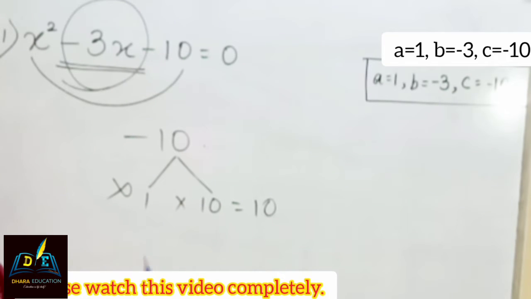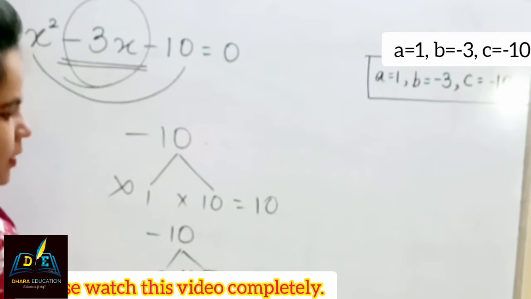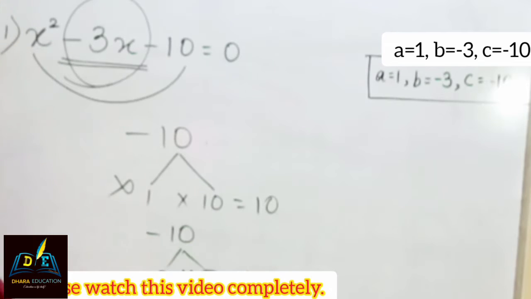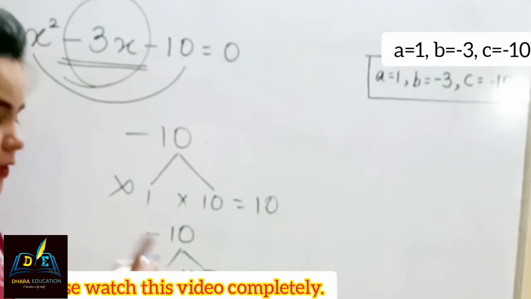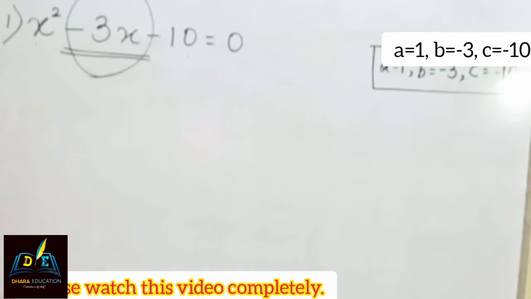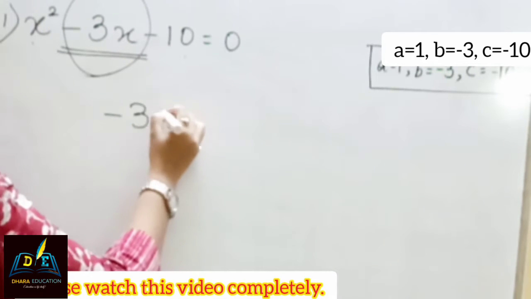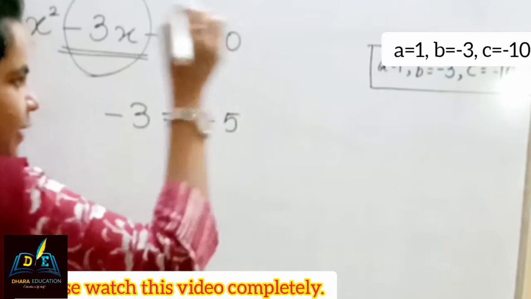On the other hand, if we are talking about minus 10 in two ways, that is 2 multiplied by 5, which will give 10. It is possible. There is a possibility, and the middle term will come when we subtract, like 2 minus 5 gives you 3. Correct? So students, to get minus 3, what we need to do is 2 minus 5.